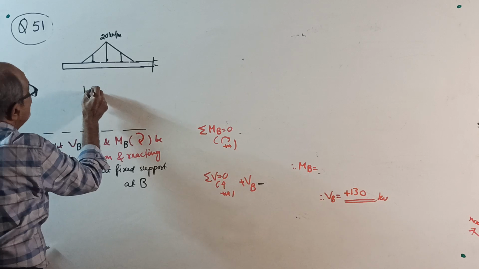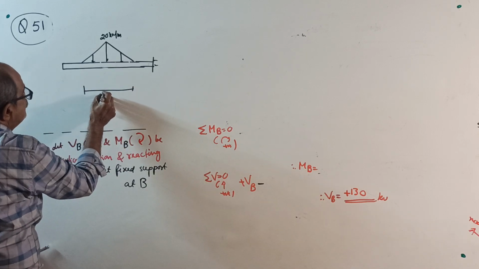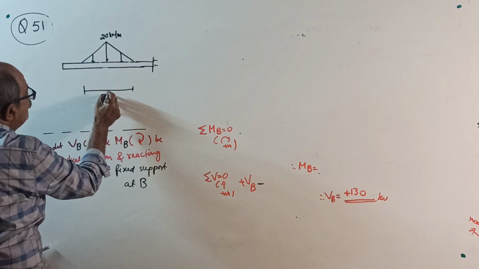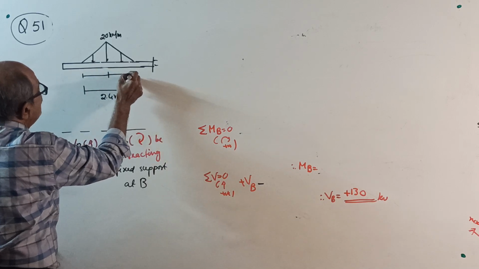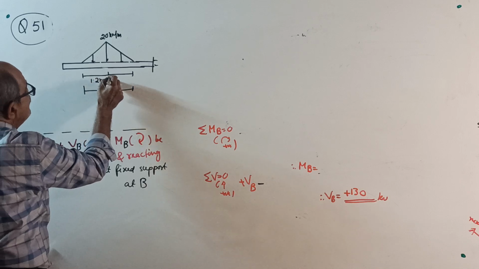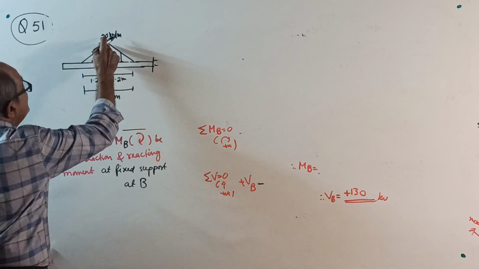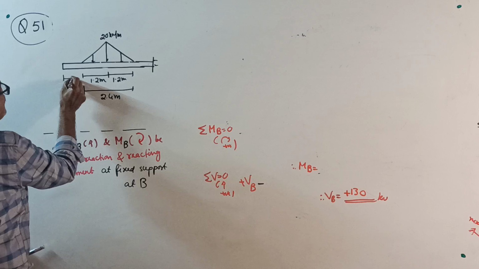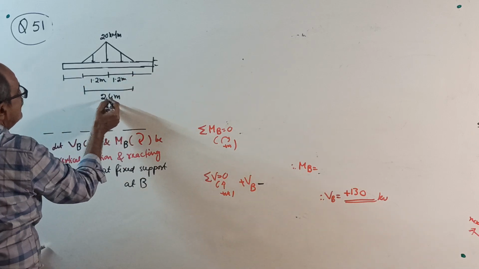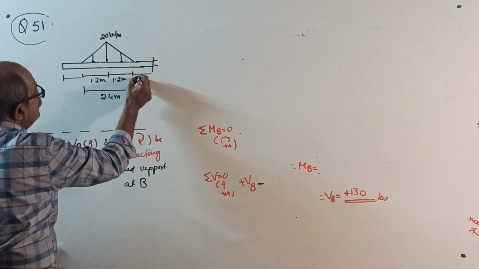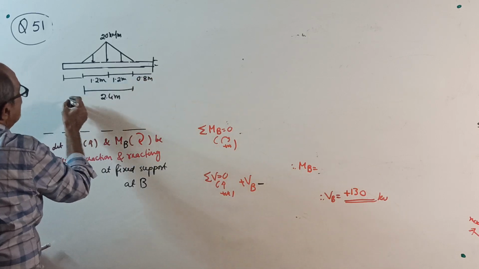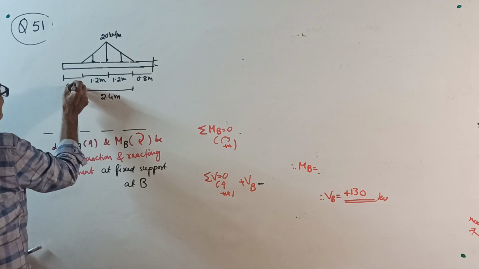This loaded length is 2.4 meter, and it is told in the question that the maximum is at the center. Now this distance is required: 1.2, 0.8 meter, and this is 0.9 meter.